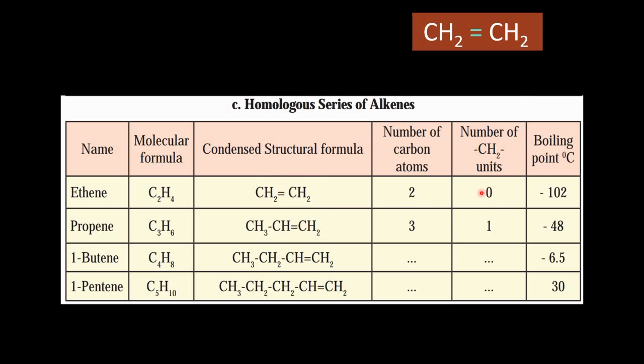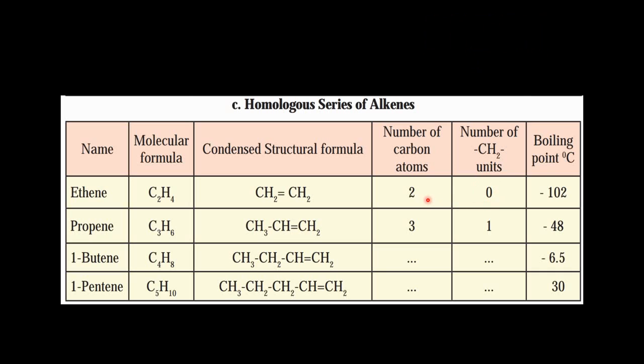Can you guess why? Because our condition is the CH2 unit should be represented with a single bond on either side, which is not possible here because both the CH2 units are connected via a double bond. So hence it is written as 0.